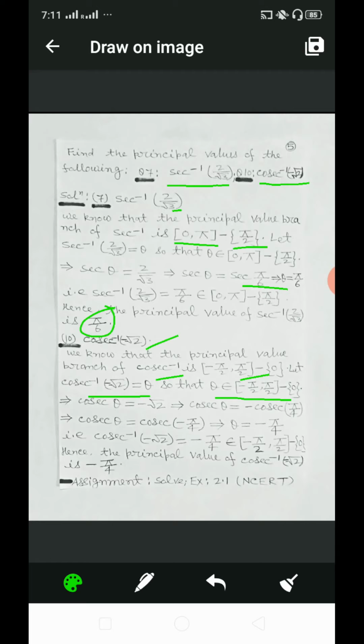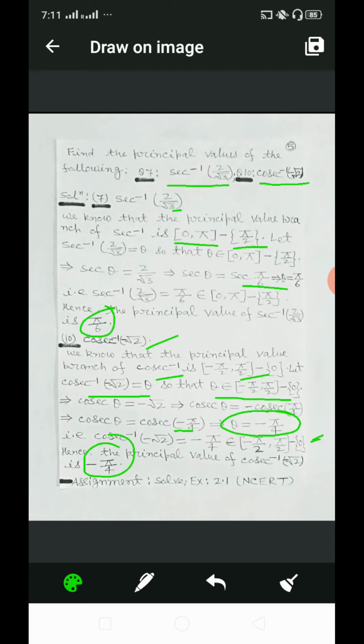Since you already know cosec minus theta is equal to minus cosec theta, this implies that cosec theta is equal to cosec minus pi by 4, and this implies that theta is equal to minus pi by 4. That is, cosec inverse minus root 2 is equal to minus pi by 4, which belongs to the principal value branch, the closed interval minus pi by 2 to pi by 2 minus 0. Hence we can say that the principal value of cosec inverse minus root 2 is minus pi by 4.